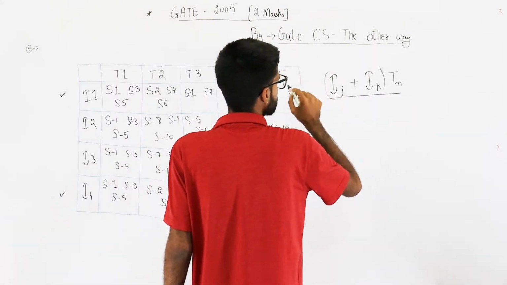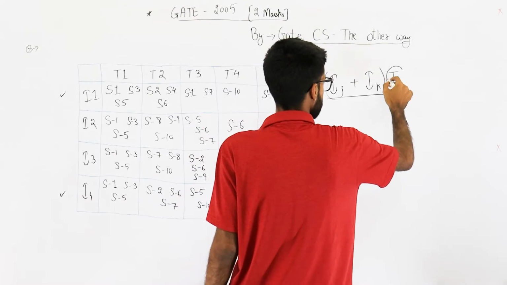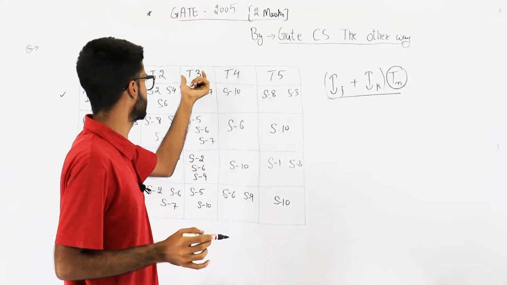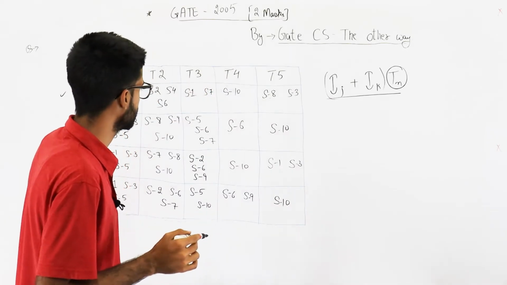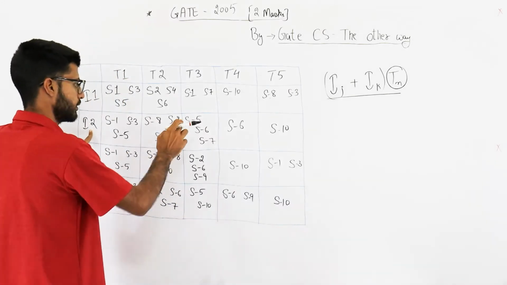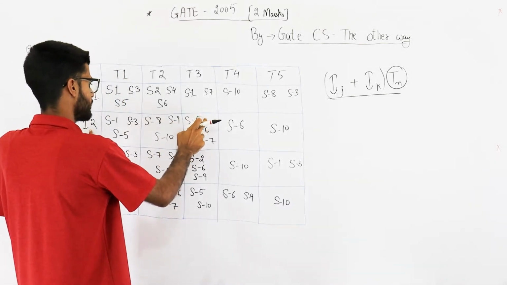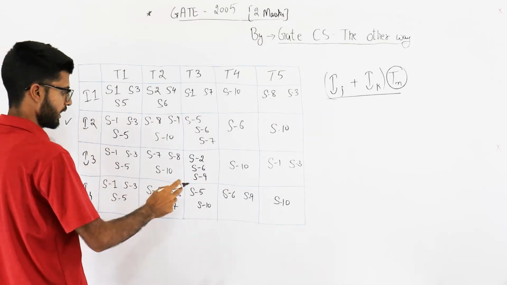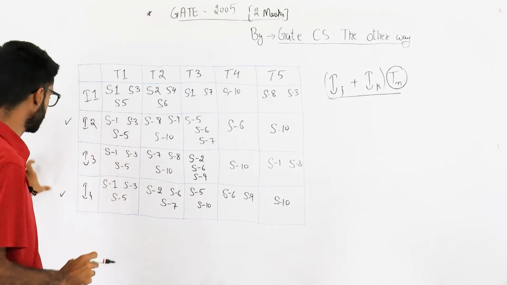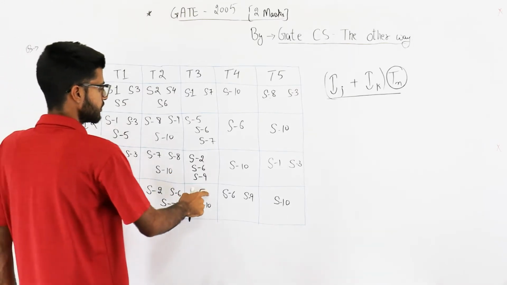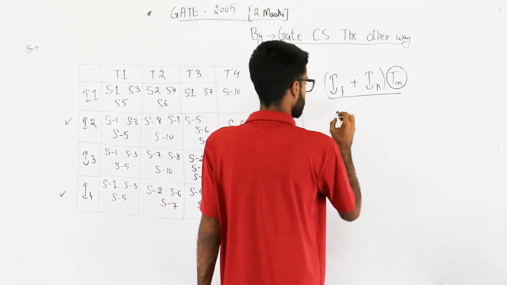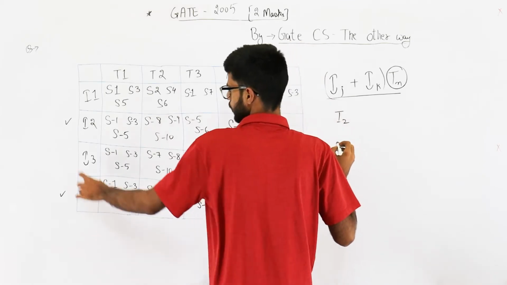What they have specified is this notation means in clock cycle Tn, for example, say T3, you can see S5 is required by I2 as well as by I4. I2 and I4, both of them need signal number 5 in the 3rd clock cycle. That means we can write it as I2 and I4.